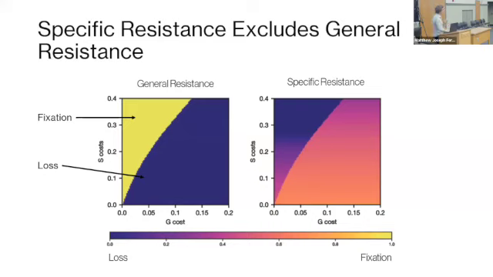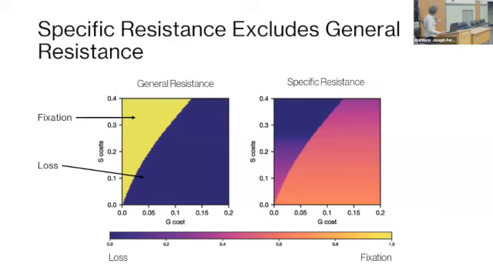And this is especially notable because one thing we know about specific resistance from empirical studies is that it can often be very difficult to detect costs of specific resistance. Sometimes it might not have a high cost. So the fact that when specific resistance costs are low, we lose general resistance could mean that it might be hard to maintain general resistance in this framework in a real natural setting.